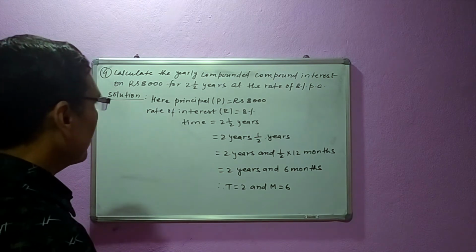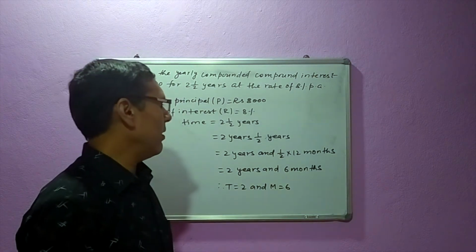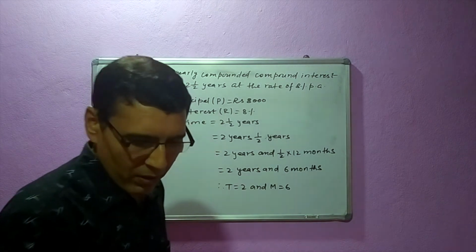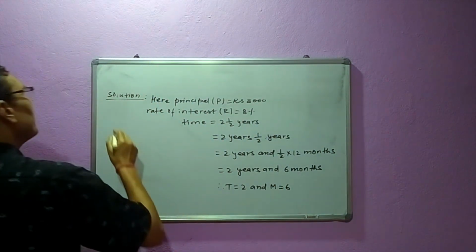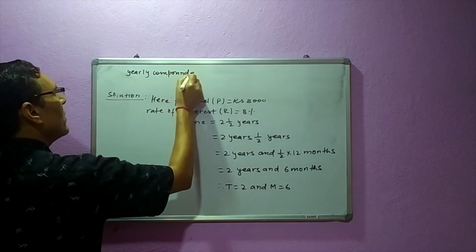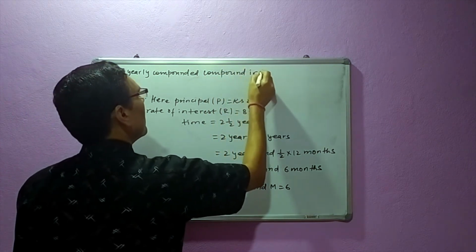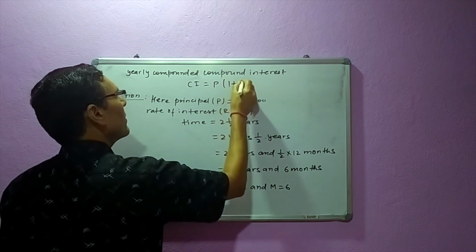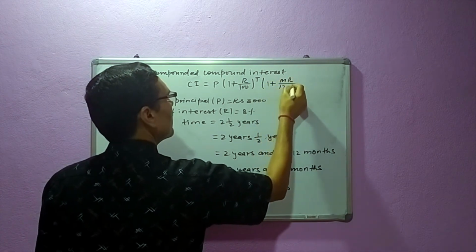So for yearly compounding, we take the complete number of years in the total time period and separate it, and the remaining time we change into number of months, which we denote as M. As we know, we have the formula to calculate compound interest in this case: yearly compounded compound interest is P times 1 plus R upon 100 to the power T, times 1 plus MR upon 1200, minus 1.